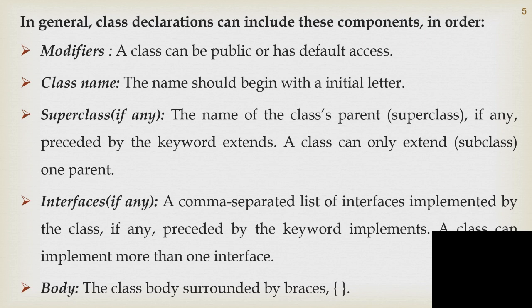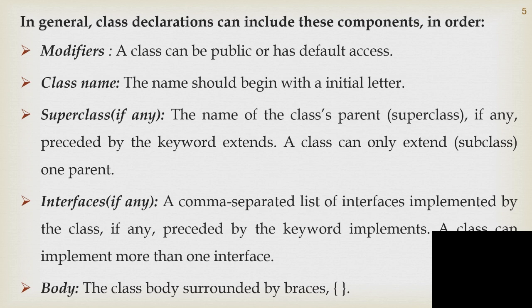In general, a class declaration can include these components. It should have the modifier. A class can have public or default access, and it should have a class name. Always the class name should begin with an initial letter. For example, if you are giving a main class name, that should be the program name also.